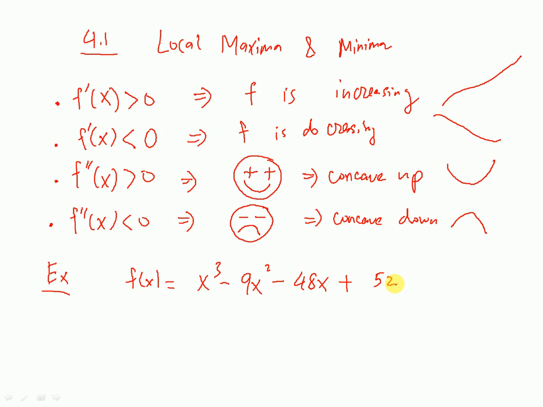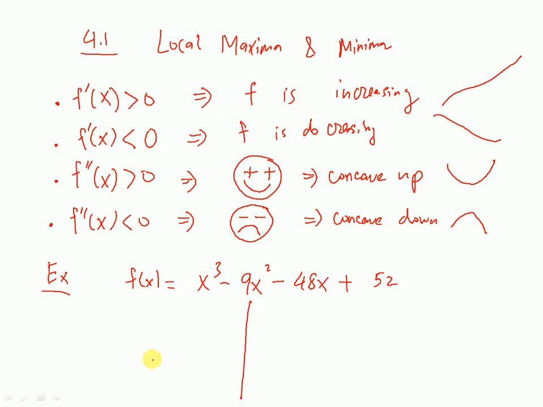Okay, so if you use your graphing calculator to graph this function, can you see the whole behavior of the graph? In other words, can you see on which intervals your function is increasing and on which interval is decreasing, and so on? If you graph it on the graphing calculator, I don't think that you can see it.